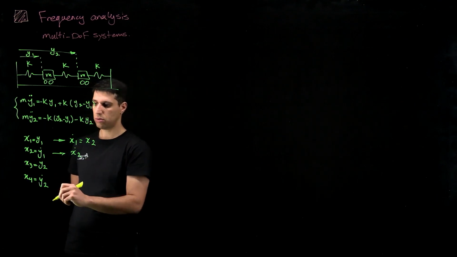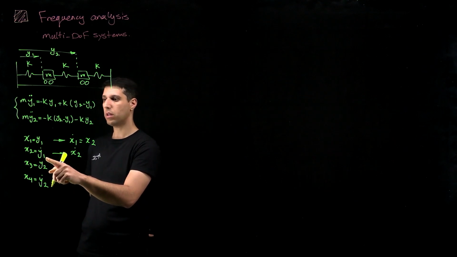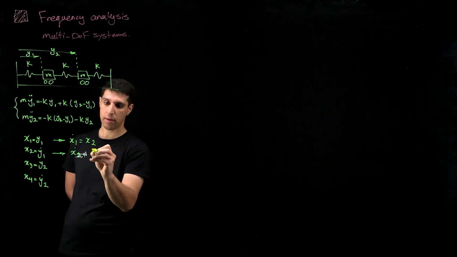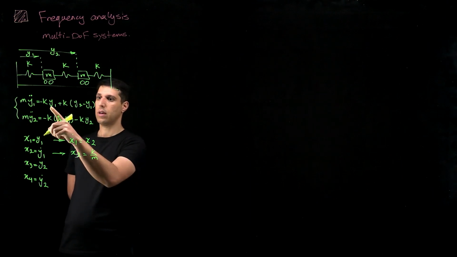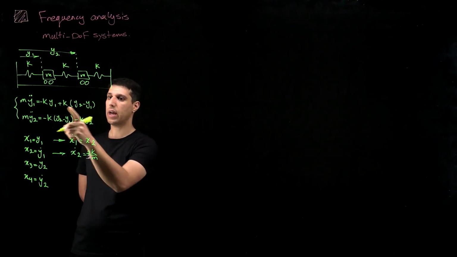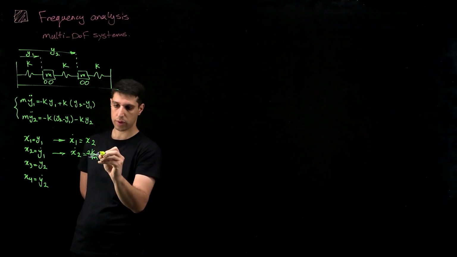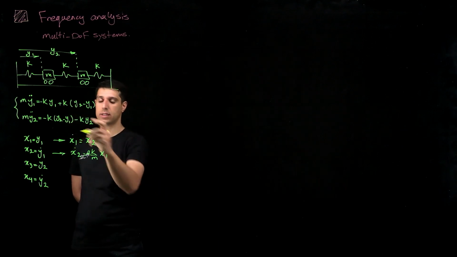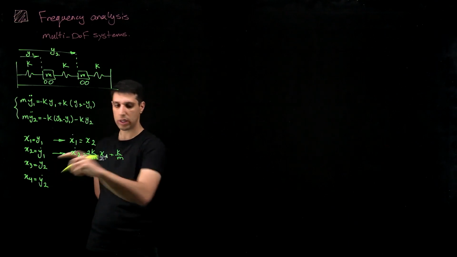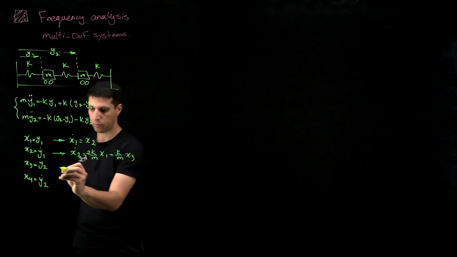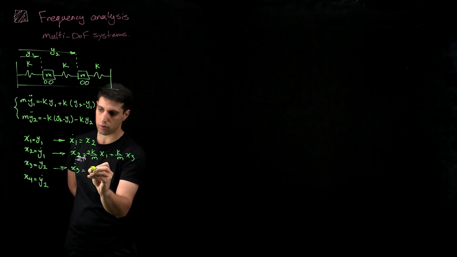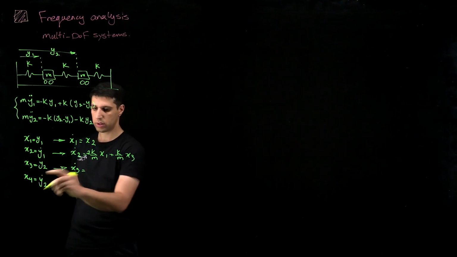x dot 2 is going to be y1 double dot. So it's this, which is going to be minus 2 k over m times y1, which is x1, plus k over m times y2, which is x3. Similarly for this one, x dot 3 equals y dot 2, which is x4.